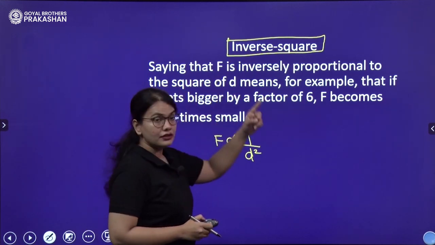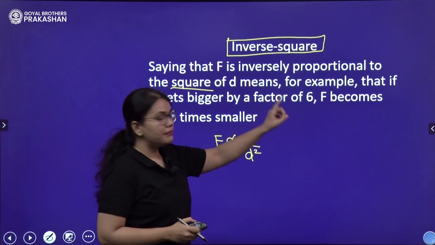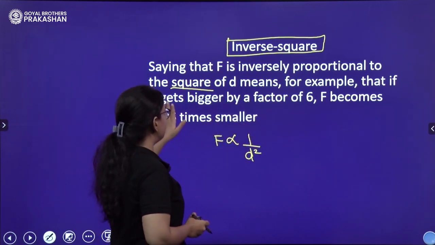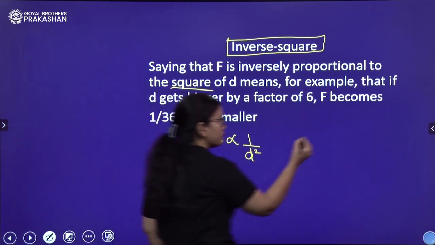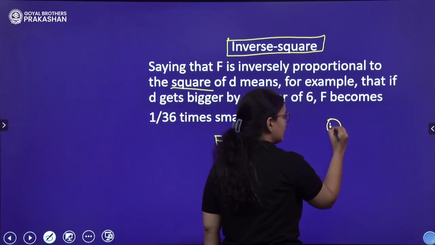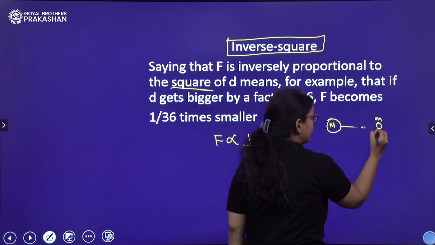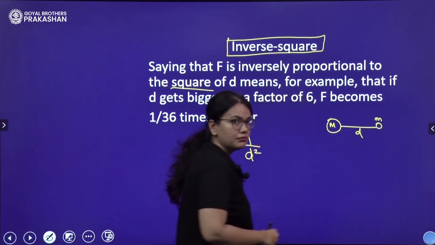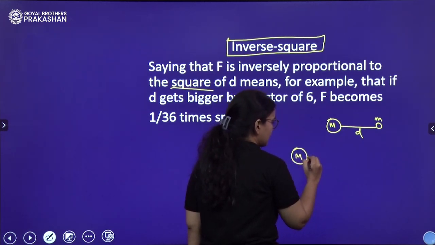Saying that F is inversely proportional to the square of the distance d means, for example, that if d gets bigger by a factor of 6, suppose initially m and small m, they are d distance apart, but we make d to be 6d.